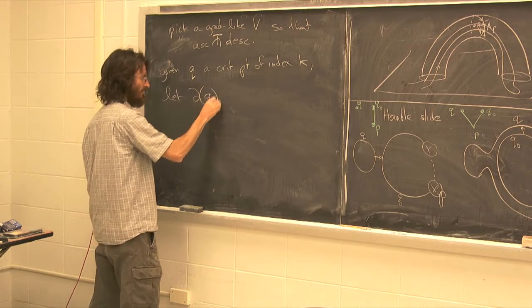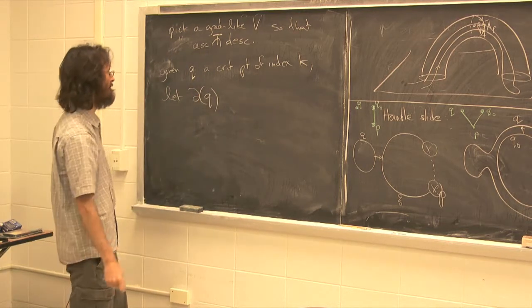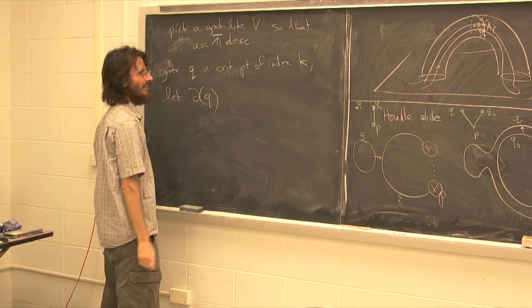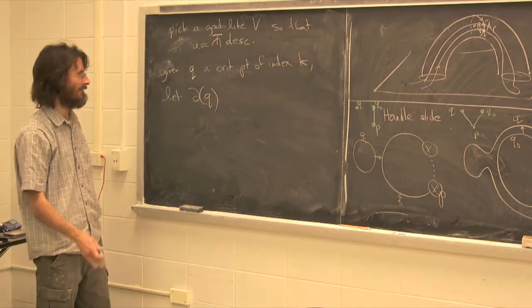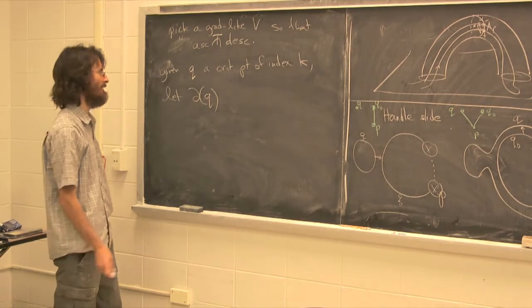So that's a particular generator for C sub k. The boundary of Q should be a formal linear combination of critical points of index k minus 1.